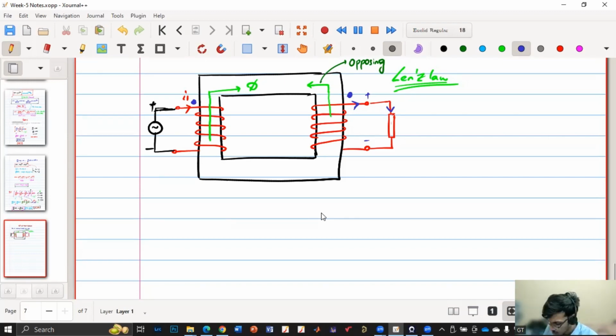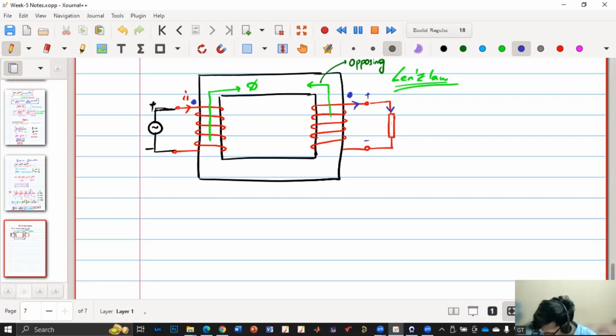You know that mutual inductance is the voltage induced in coil 2 because of the current flowing in coil 1, because this flux will be going here, so that will induce the voltage here, right? The relation between the current and the voltage induced is because of the mutual inductance.